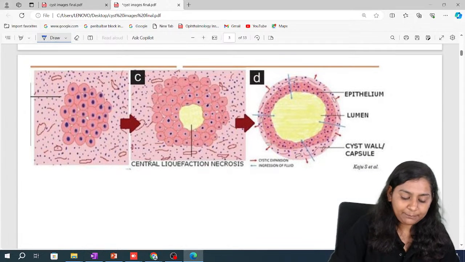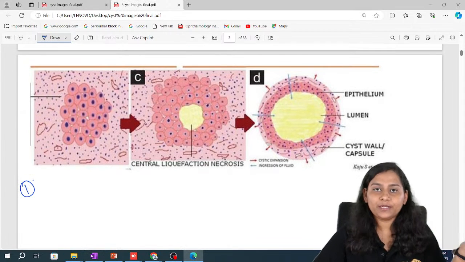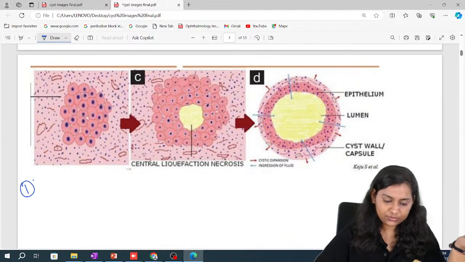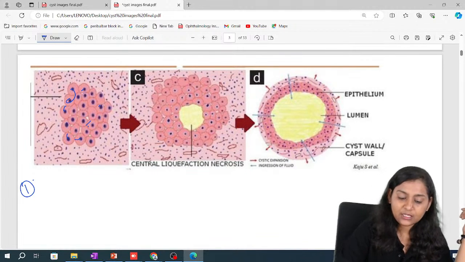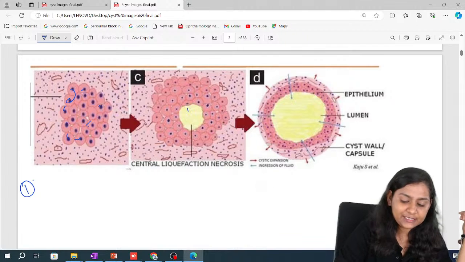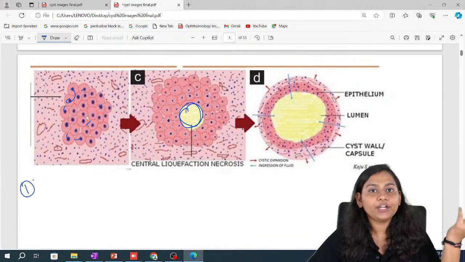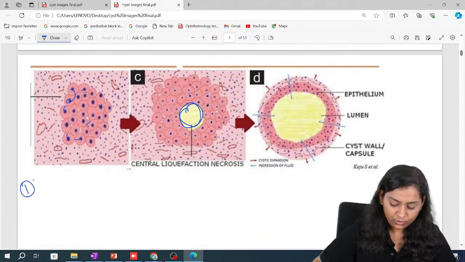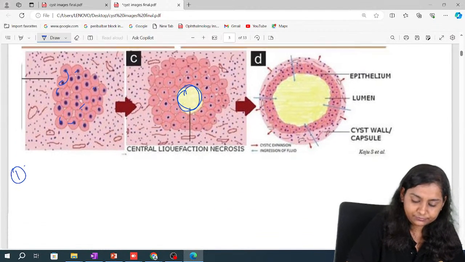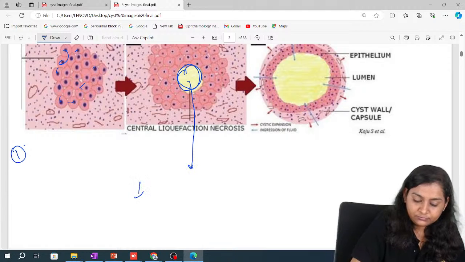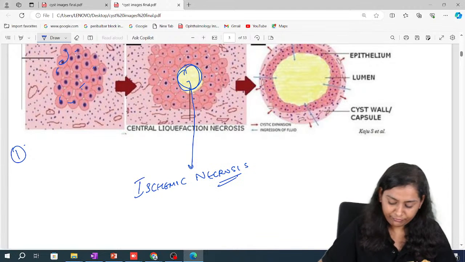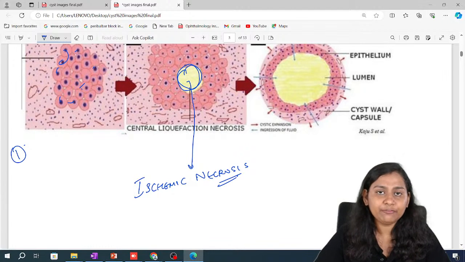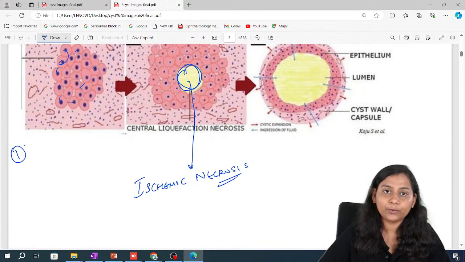Okay. Now what happens in the first phase, there is stimulation and the proliferation of HERS. Okay. So here, can you see there are a lot of cells which are proliferating. Now what happens when a lot of cells proliferate, the center cells will get devoid of nutrition and will undergo ischemic necrosis, also called liquefaction necrosis, and there will be formation of lumen, and this lumen will contain fluid.